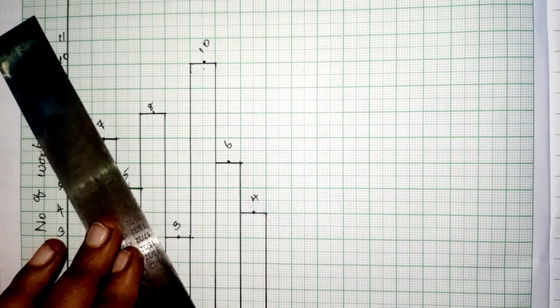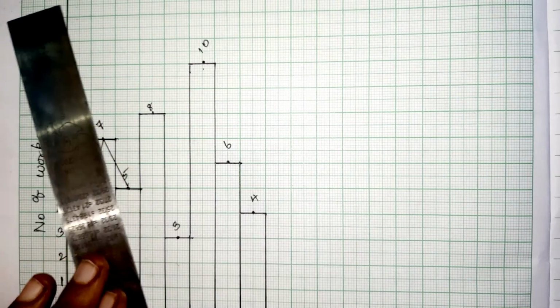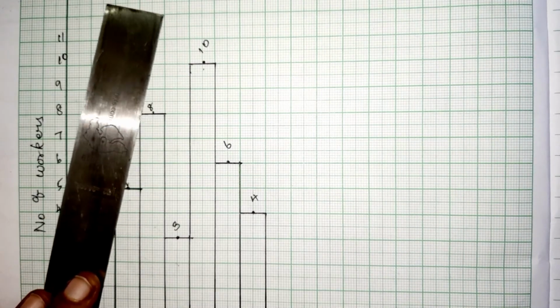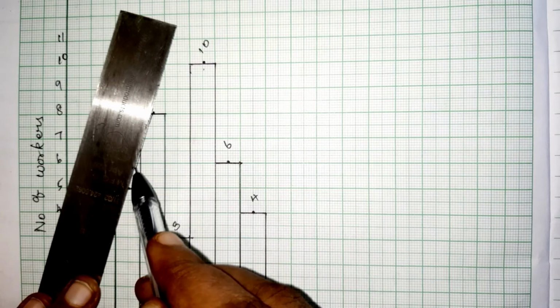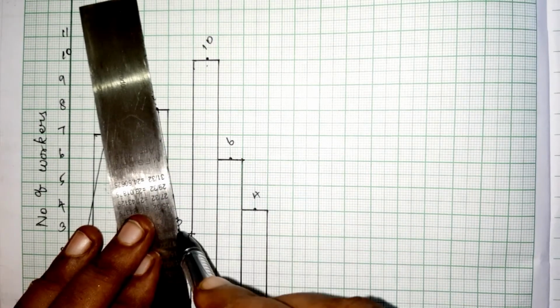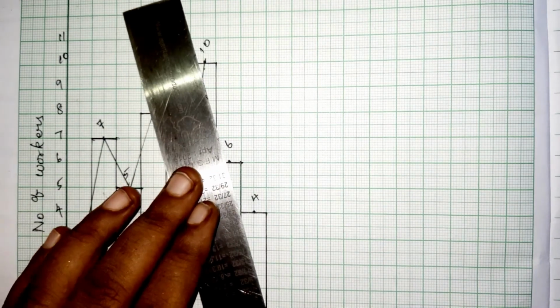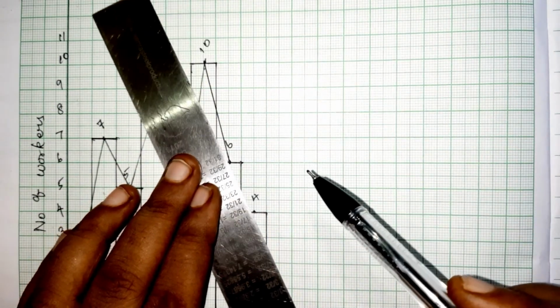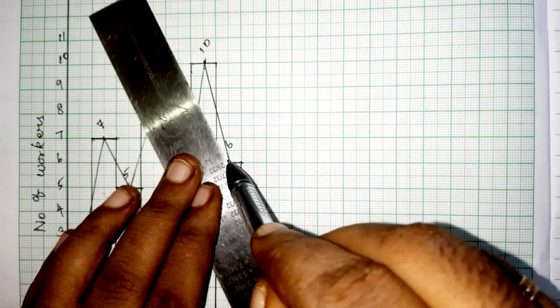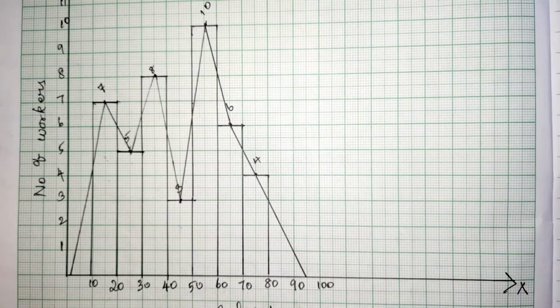You connect all the midpoints, then you will get a frequency polygon. First you draw the histogram for the given data. Mark all the midpoints of the rectangular bars and then connect the midpoints by a straight line. You will get a frequency polygon.